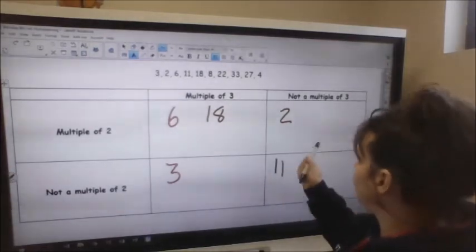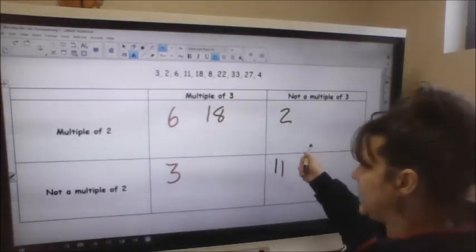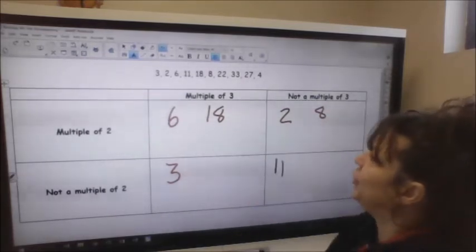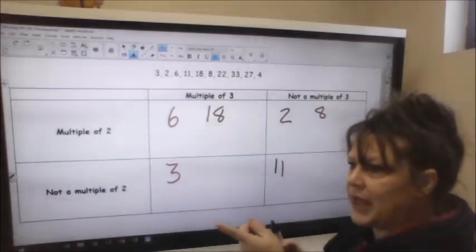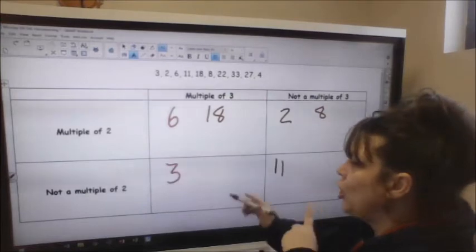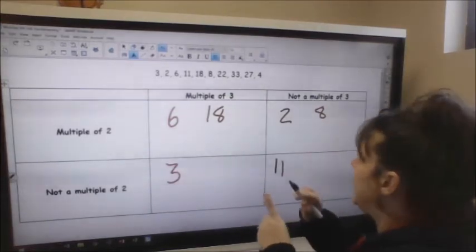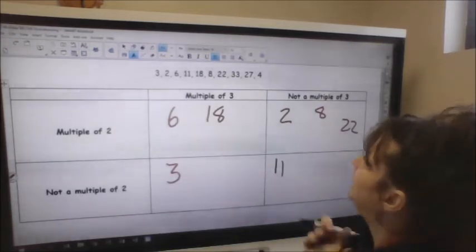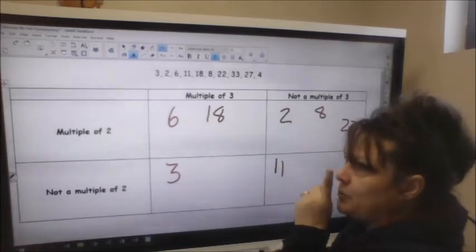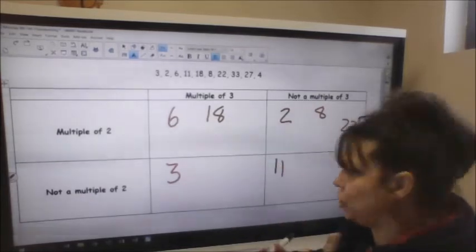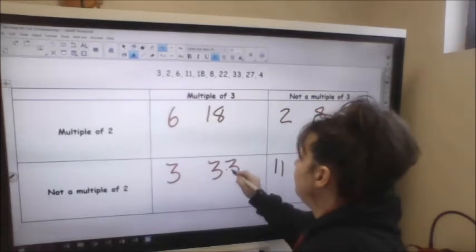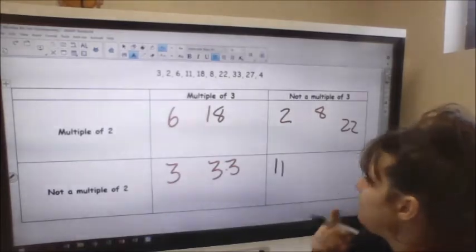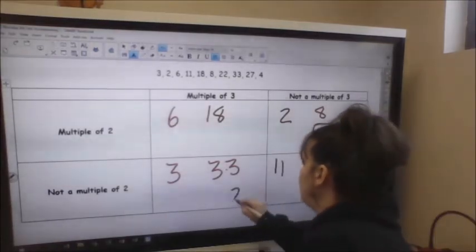8 is a multiple of 2, but not of 3, so it would go there. 22, well, that appears in my 2 times table, not in the 3 times table, so it would go in here again, so it's a multiple of 2, but not a multiple of 3. 33, that's a multiple of 3, but not a multiple of 2, so that would go there. 27, that is a multiple of 3, but not a multiple of 2, that goes there.